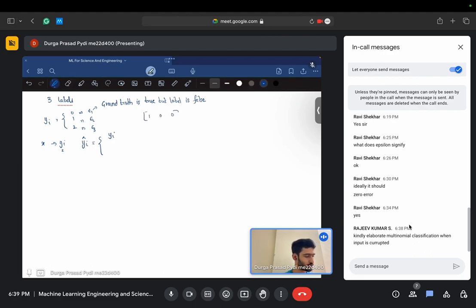So if I use one-hot encoding, maybe I'll call this z1, z2 and z3. So yi hat will be equal to z1, z2 or z3 with different probabilities, 1 minus epsilon 1, 1 minus epsilon 2 and 1 minus epsilon 3, where epsilon is the probability that your data is wrong.